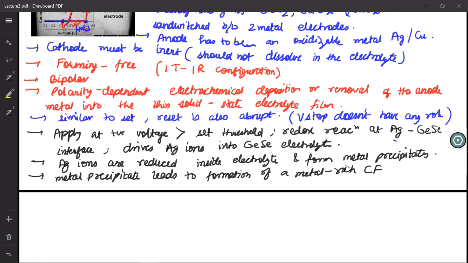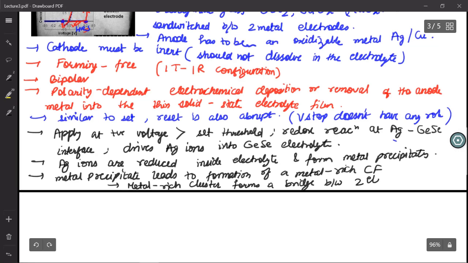So let me write that as well. This metal-rich cluster or metal-rich CF forms a bridge between the two electrodes, and hence the name conductive bridge RAM or programmable metallization cell.